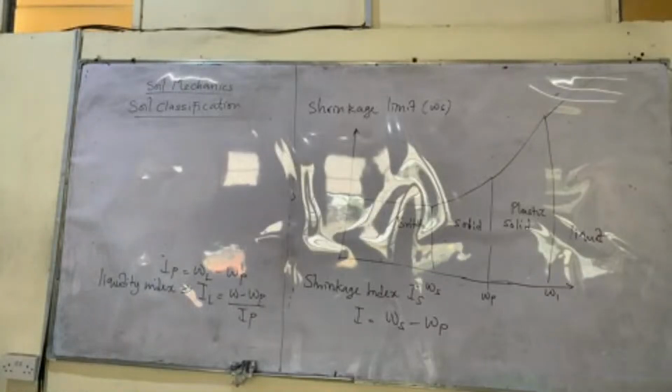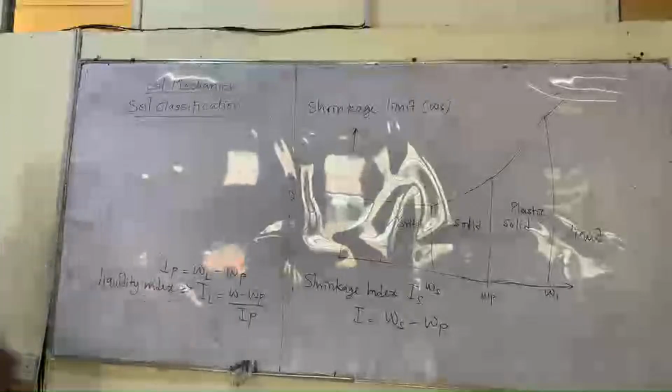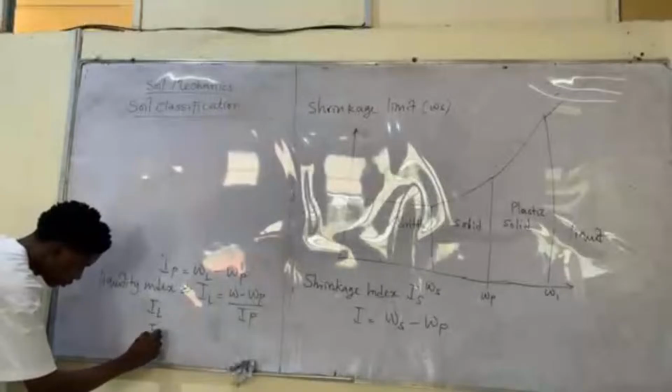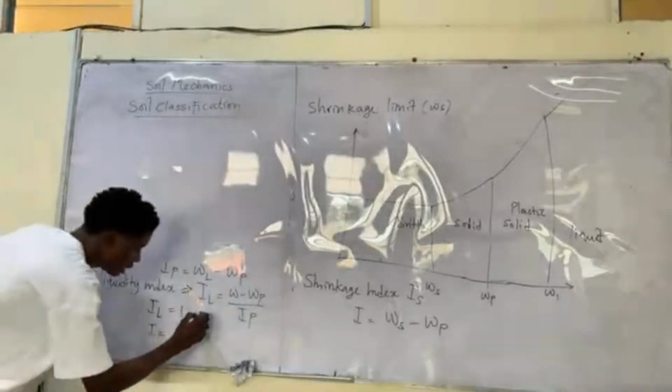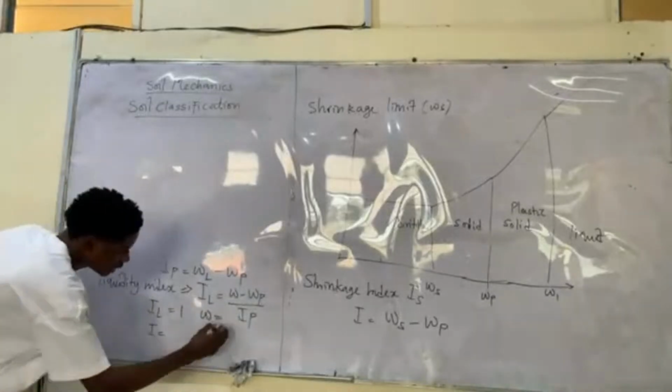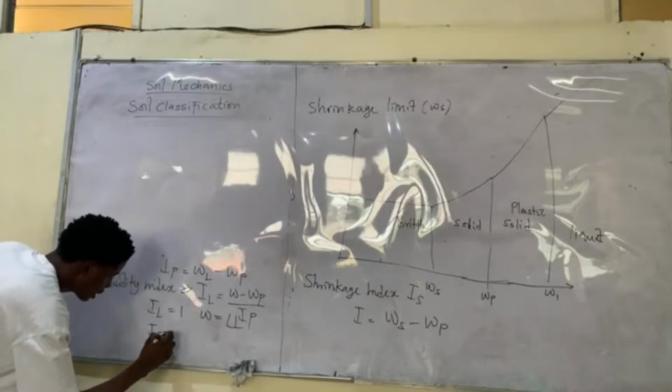Consistency index. Okay. So there's one thing I didn't mention about the liquidity index. If the liquidity index equals 1, that means the water content is at the liquid limit. And if the liquidity index equals 0, the water content is at the plastic limit.